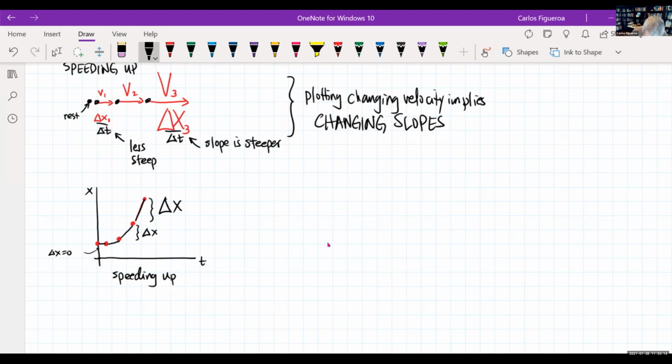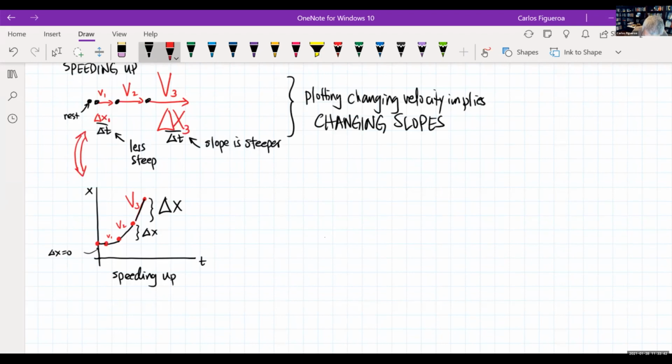So if I look at the slopes of these, the slopes go from 0 to something steep. So if I was looking at my numbers here, this would be V1. That would be V2. That would be V3 if I'm looking at my curve here. So remember, I'm comparing these two to each other.